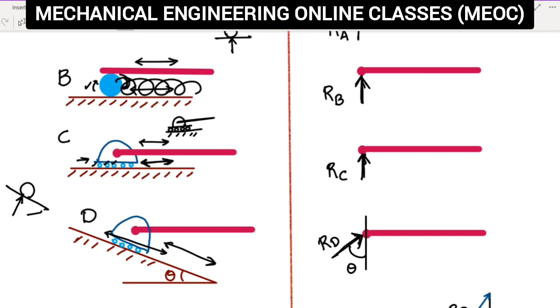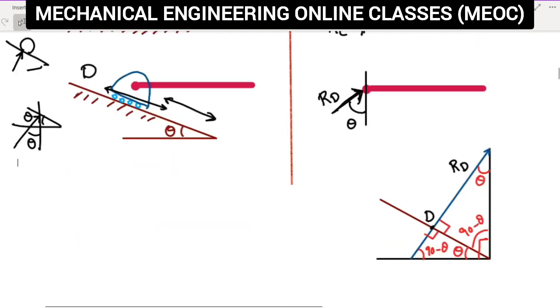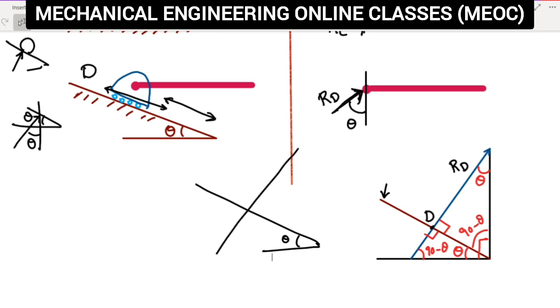Now because the inclined plane is making angle theta, perpendicular to it will be making an angle theta with the vertical. You can see that here clearly. This brown colored line represents the inclined plane, which is at theta. Our normal reaction will be perpendicular to the inclined plane.